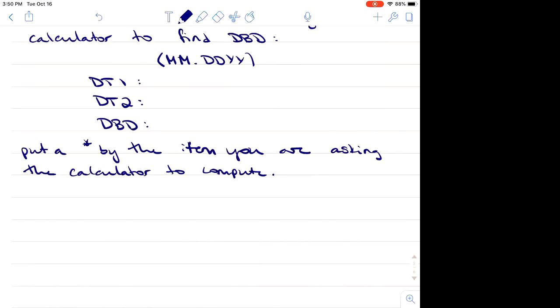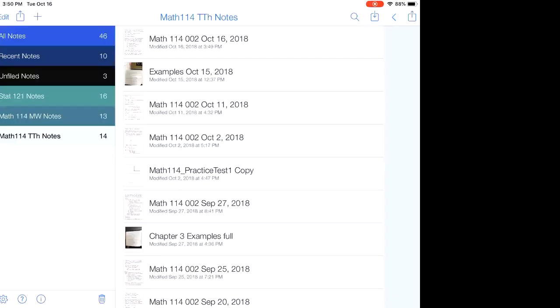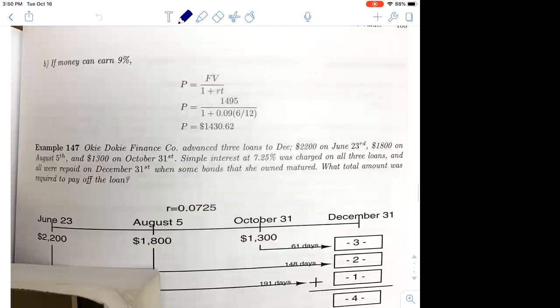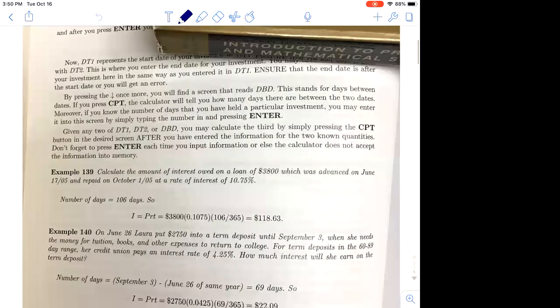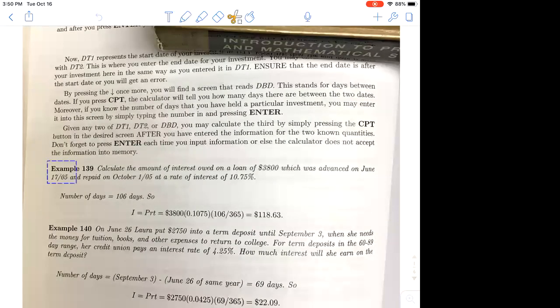So I'll show you what I mean. Let's do an example here. Just steal example 139.